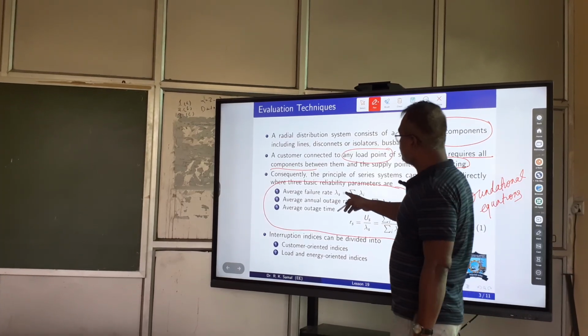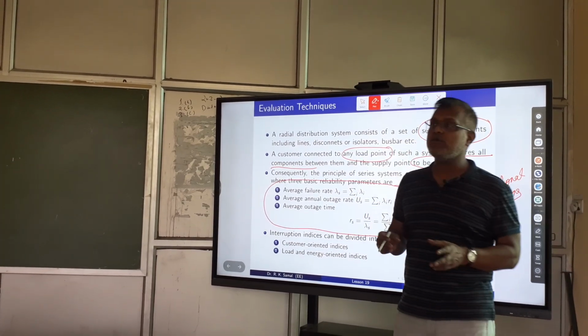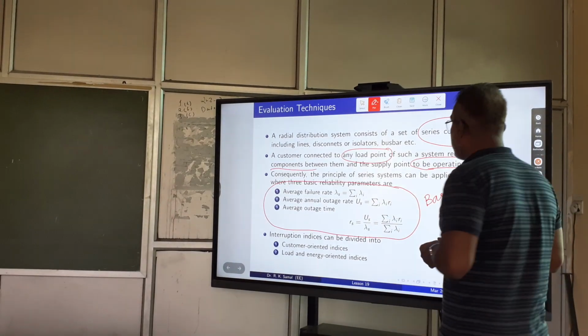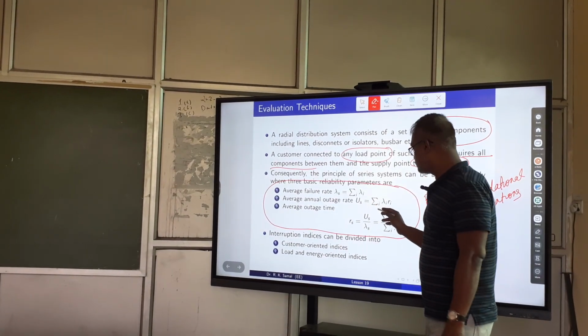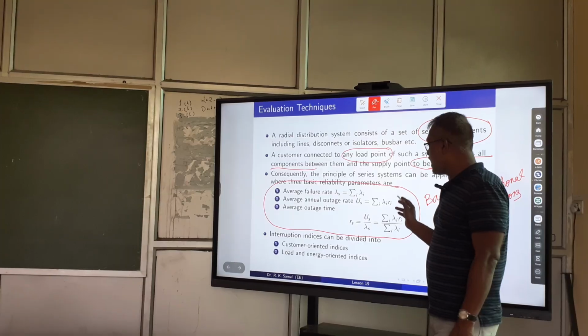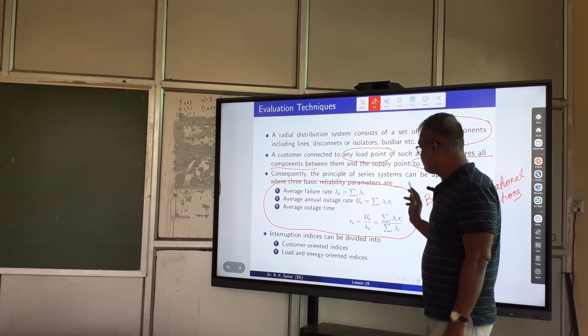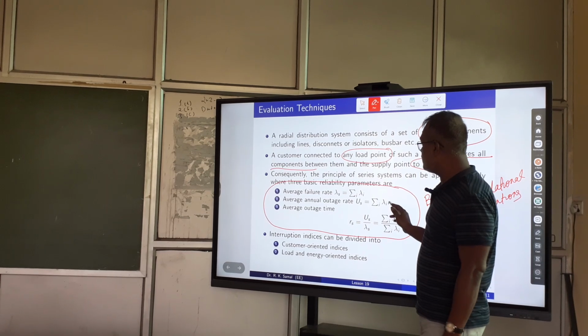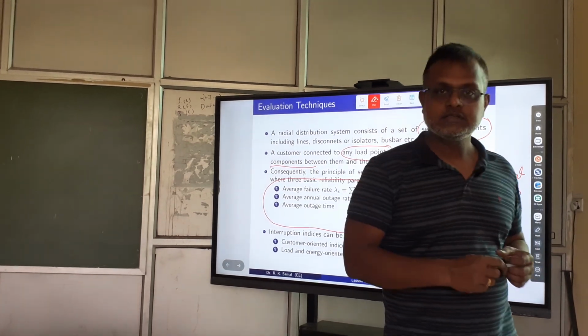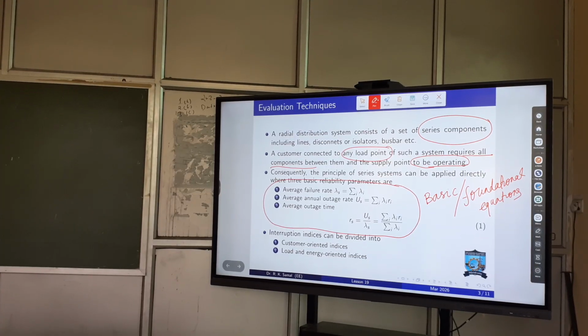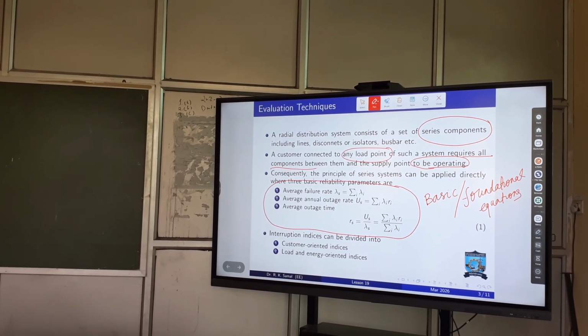So what is the average failure rate? It is the summation of the failure rates of individual components, lines, bus bars, whatever. Average annual outage time is simply equal to the summation of lambda_i r_i, where r_i is the outage time.